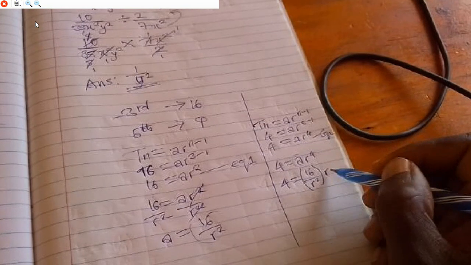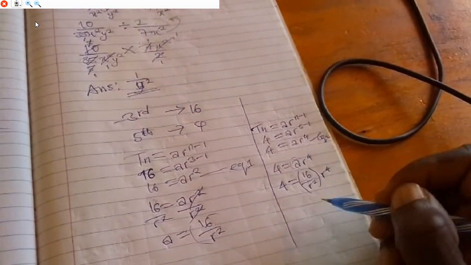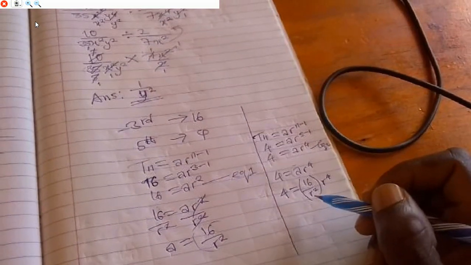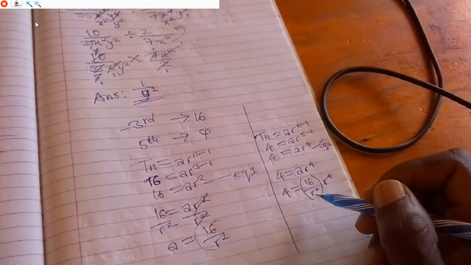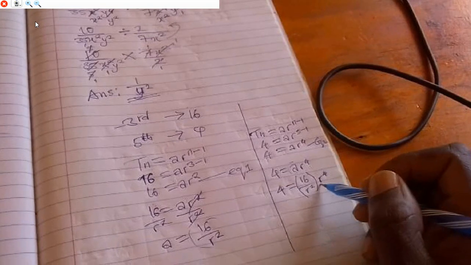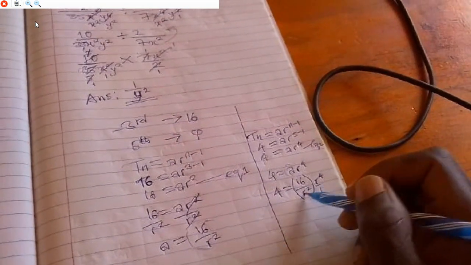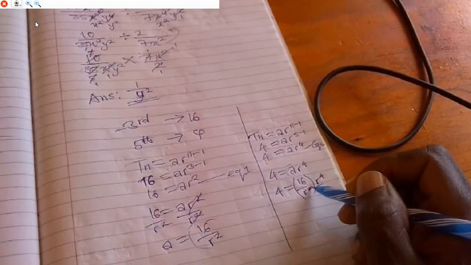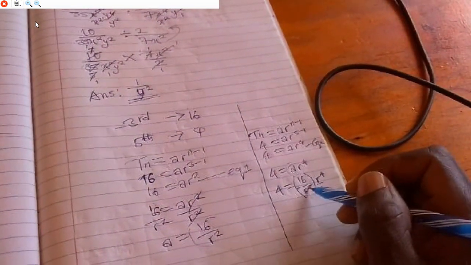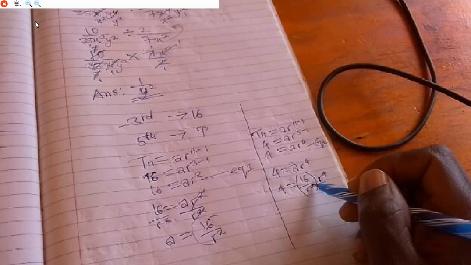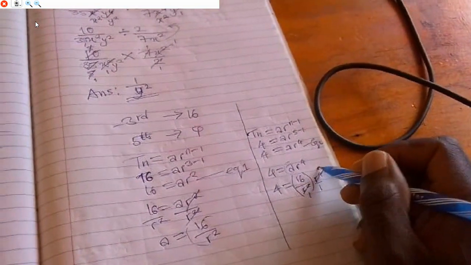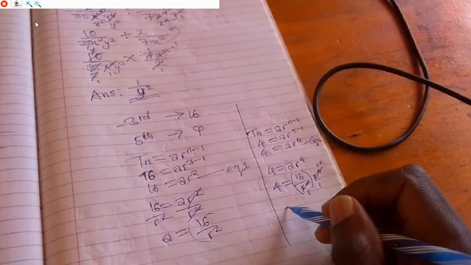So if we have this, whenever we are dividing, we subtract powers. If we remain with power 0 here, it means it's going to be 1. So this is 1 and this one will remain with R squared. So this is going to give us 4 equals 16R squared.